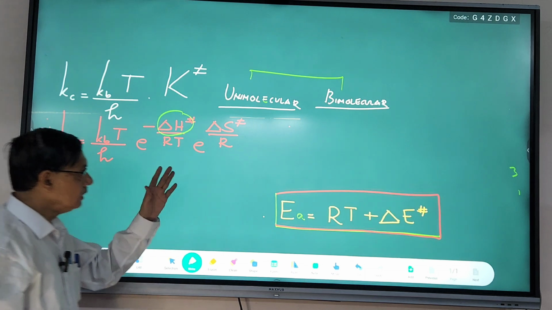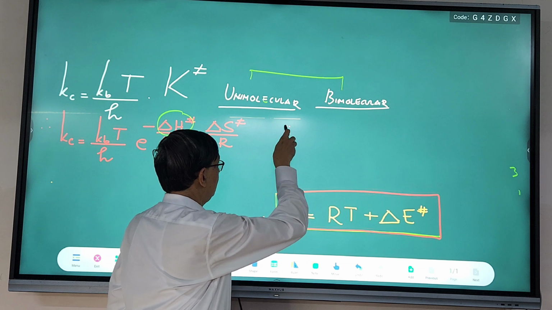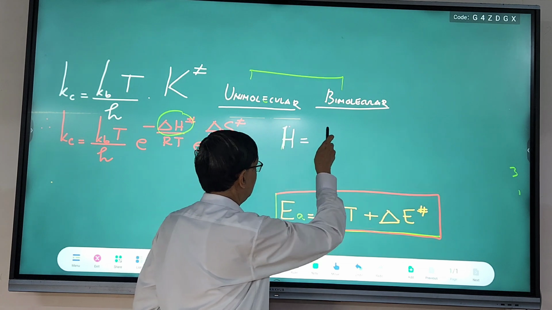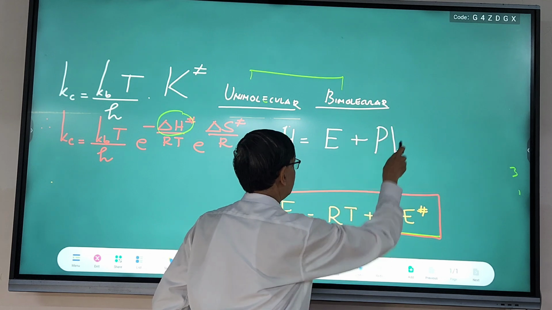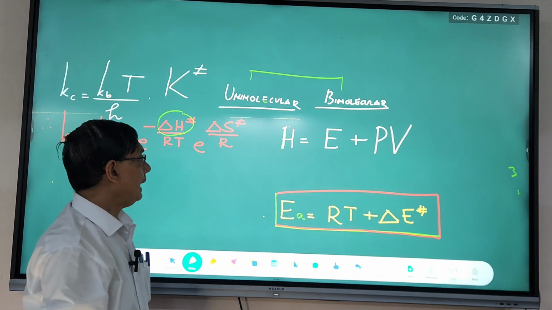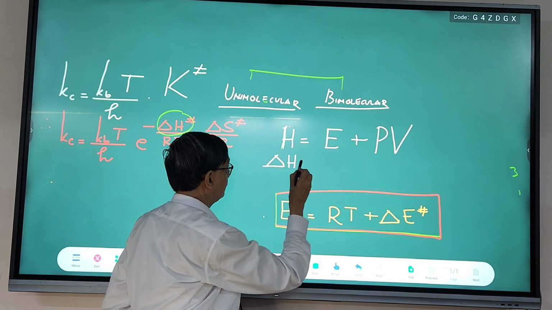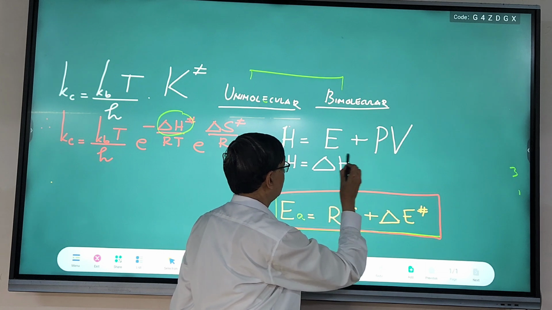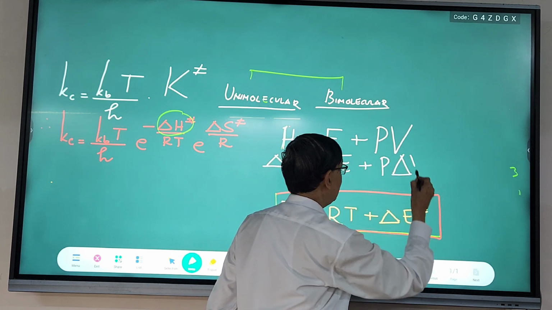Now if it is a unimolecular reaction, we know that in thermodynamics there is an important relation between enthalpy and internal energy. You all know this very simple equation: delta H is equal to delta E plus P delta V, the change in volume.